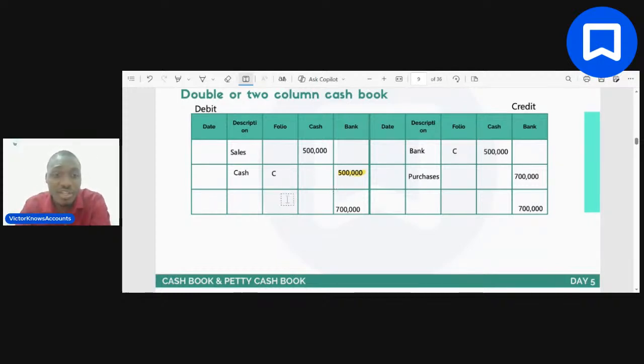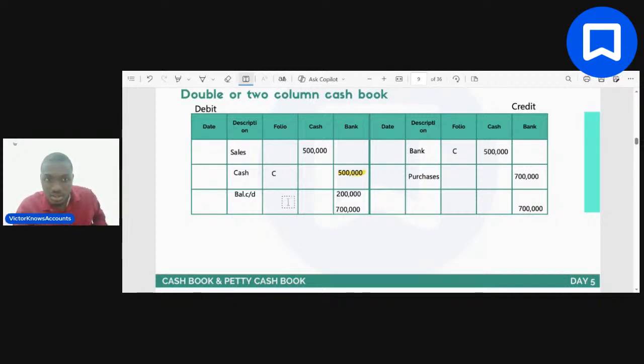So you have a balance carried down here. Instead of normally having your balance carried down on the credit side, your balance carried down is now coming on the debit side. Is that fine? And that balance carried down is 200,000 naira.